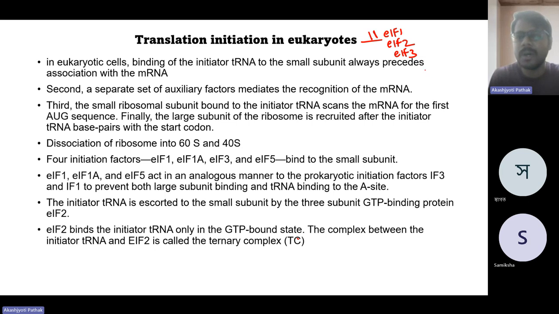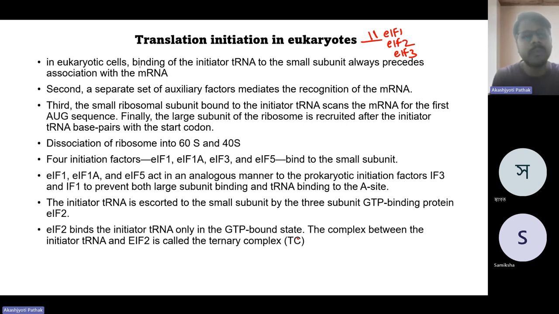The ribosome will first bind to the initiator tRNA, and then certain other factors will be required for recruiting the mRNA to the small subunit of the ribosome. So that is what is written here: first, binding of the initiator tRNA to the small subunit takes place, and then the association of mRNA takes place.